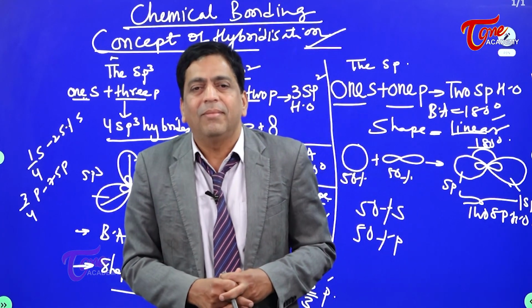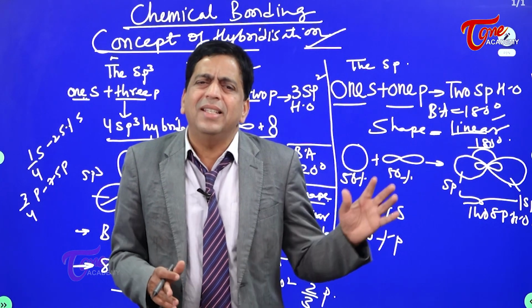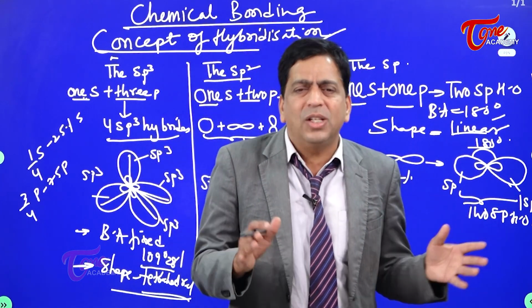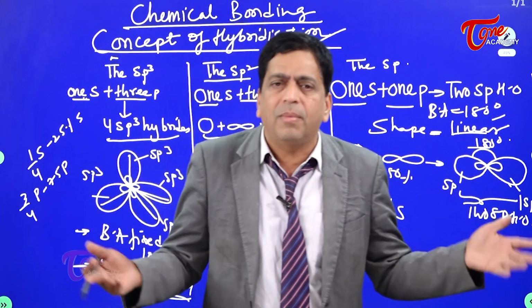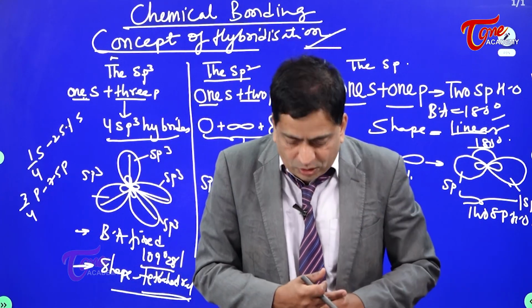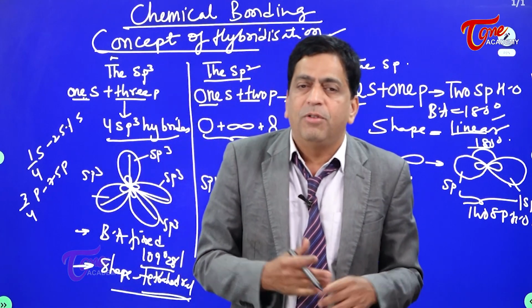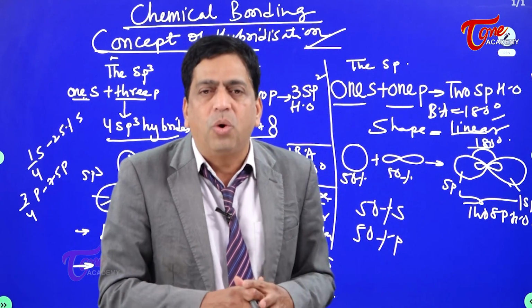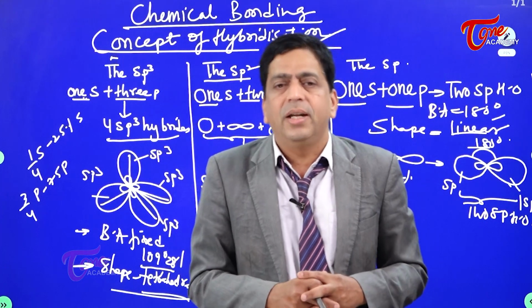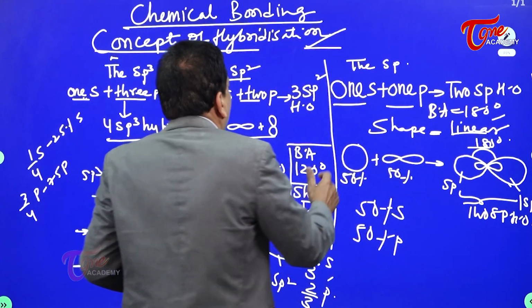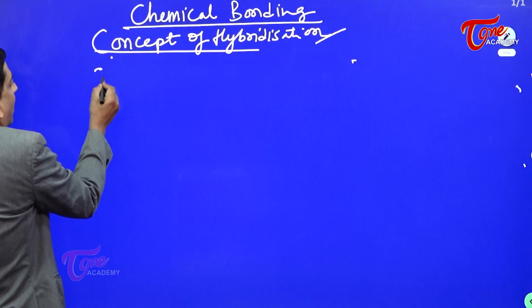Now, here it is sp, and sp2 and sp3 or several other hybridizations are also there. Yes, we do have several other hybridizations, but remember that visualizing them and drawing them on the board would be a difficult idea, but anyway, we would like to list them out. For example, watch carefully here.